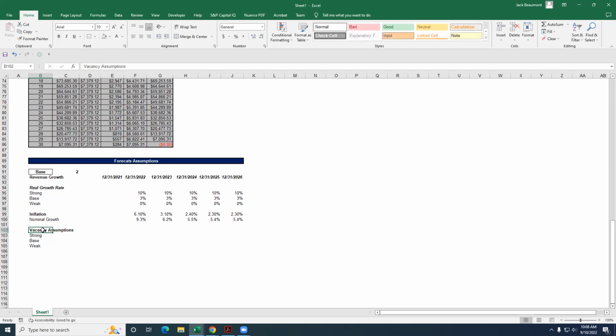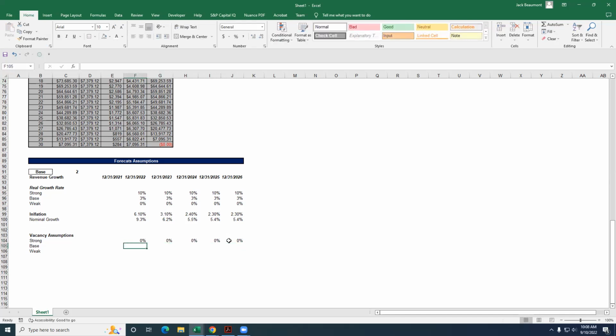Now, with a single family kind of property like this, we would hope that there is no vacancy, but potentially there could be. So strong means that there would probably be no vacancy, because strong is a good thing. Make that 0%. Format painter. Okay, 0%.